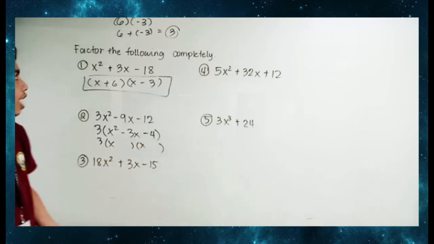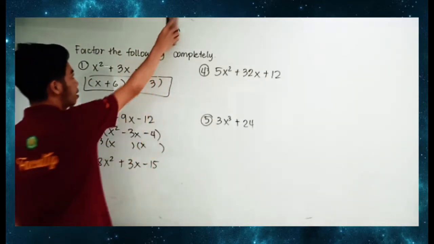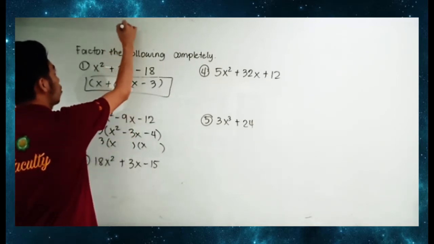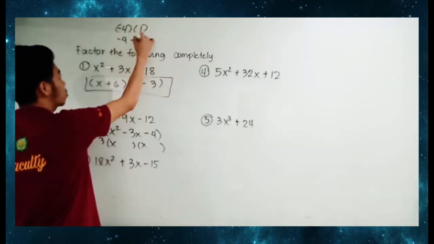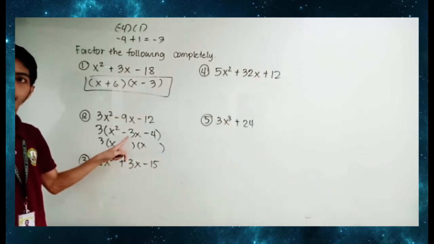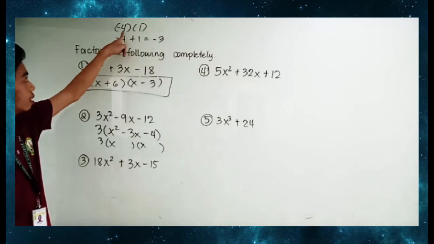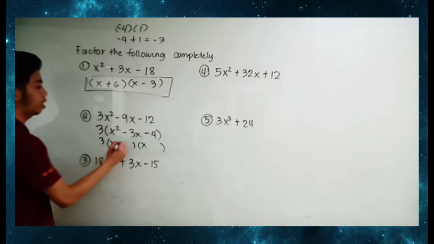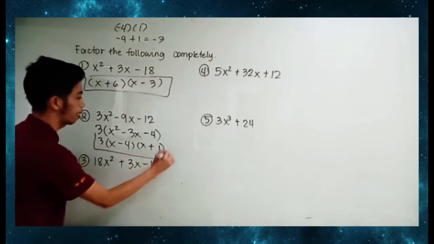Ang factor ng negative 4 ay pwedeng negative 4 times 1. Kasi negative 4 plus 1 is negative 3. So, pasok siya dun sa gitnang term natin. So, mangyayari, ang magiging factors natin ay negative 4 and positive 1. So, ngayon, ito na yung factor niya.